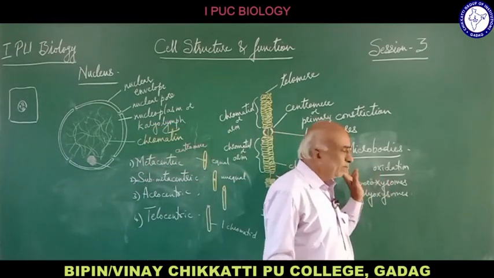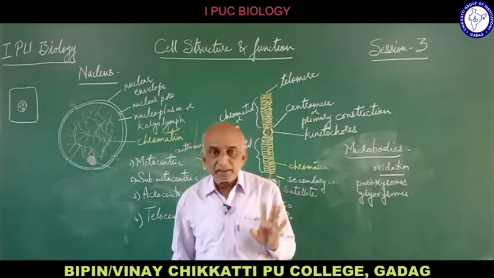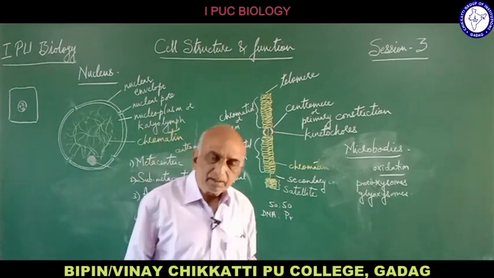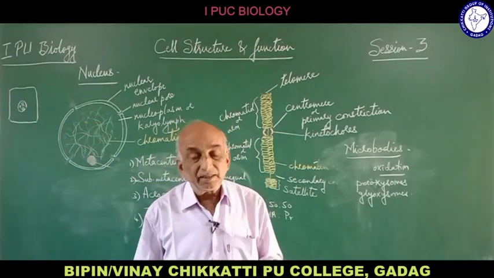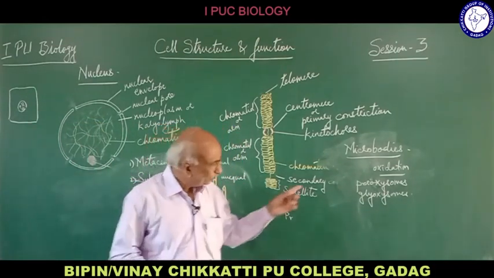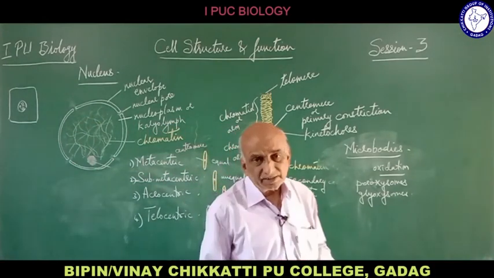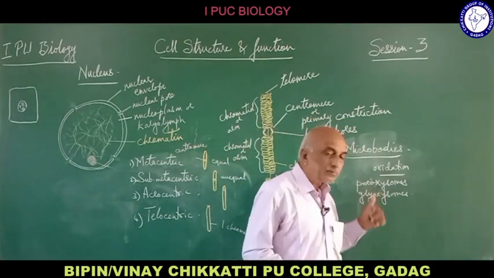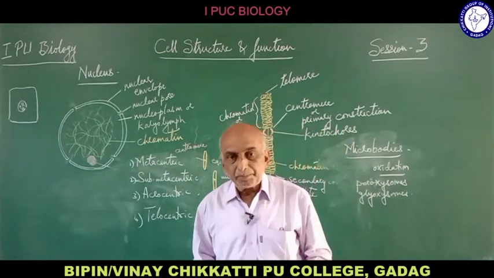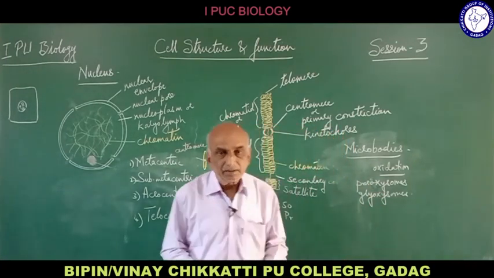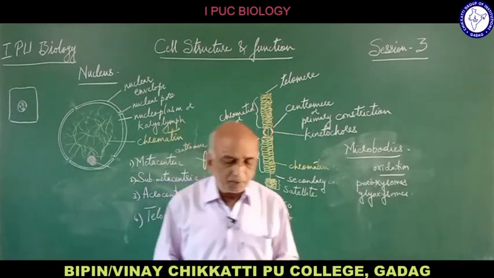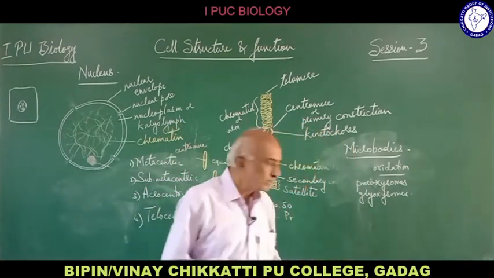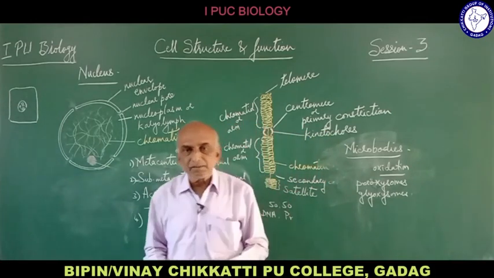So overall, microbodies are bodies made up of membranes, and they are associated with the oxidation reactions, and they are of two types called peroxisomes and glyoxysomes. So peroxisomes and glyoxysomes are such examples of microbodies.